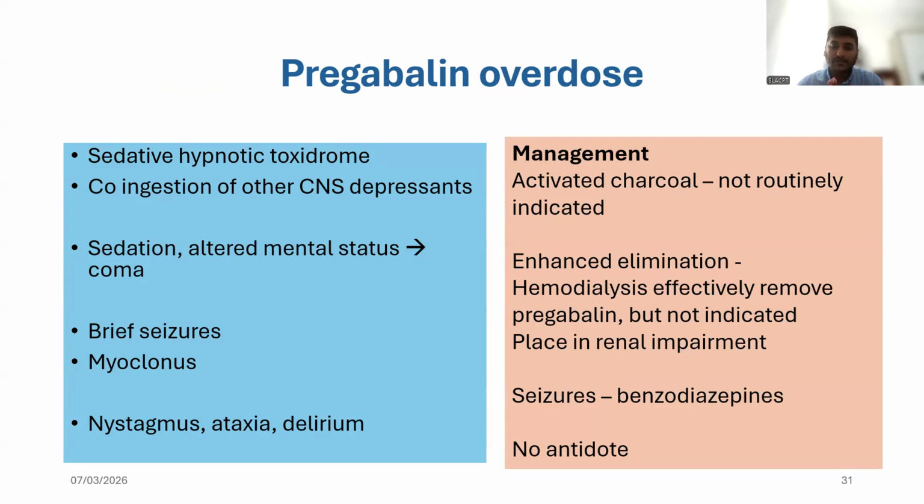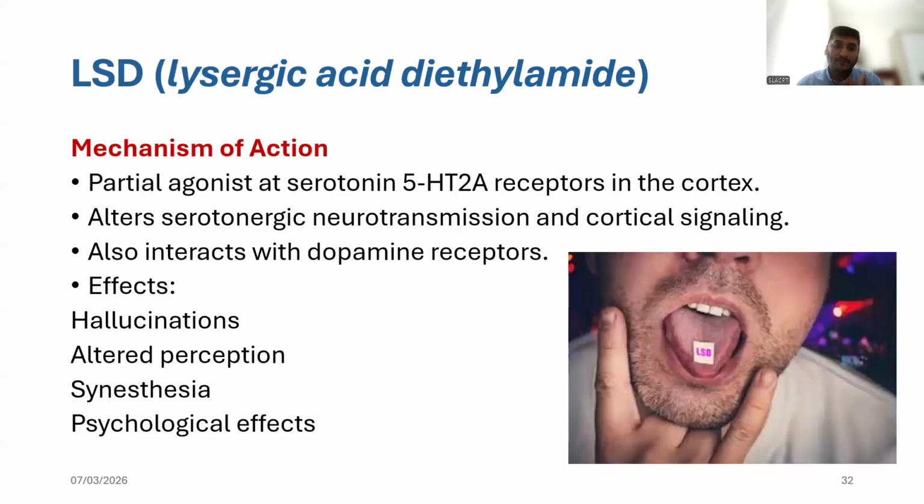Hemodialysis is effective in removing pregabalin as enhanced elimination, but it's not usually indicated. But there is a place for hemodialysis in patients with renal impairment who have come with pregabalin overdose. Again, for seizures, benzodiazepines are the drugs of choice, but no antidote is available.